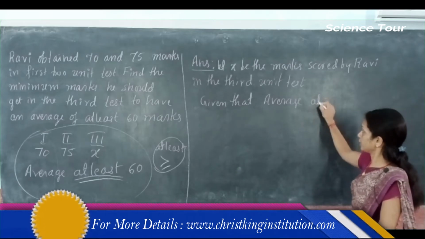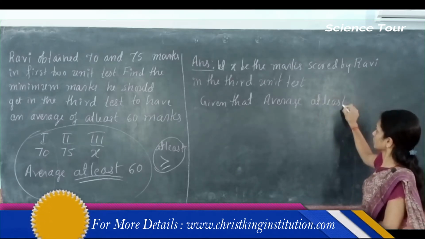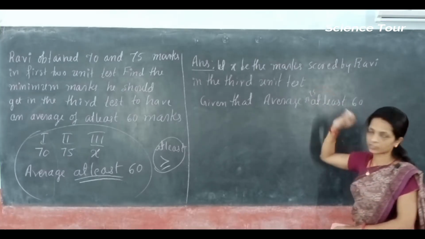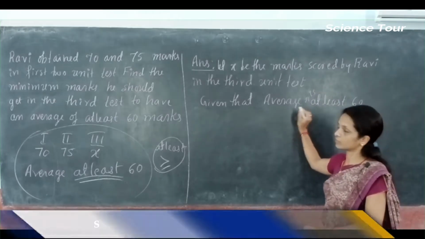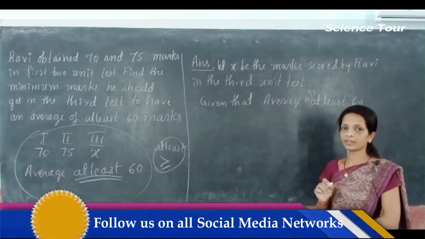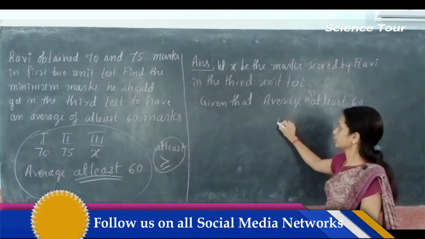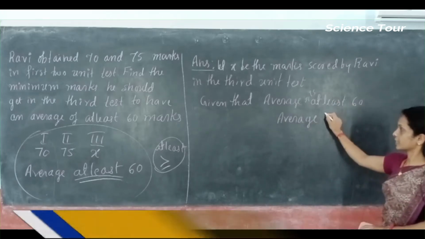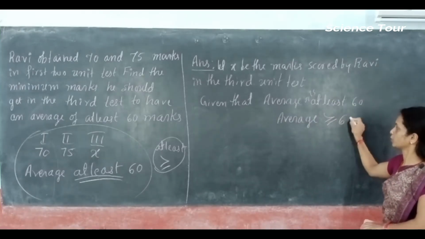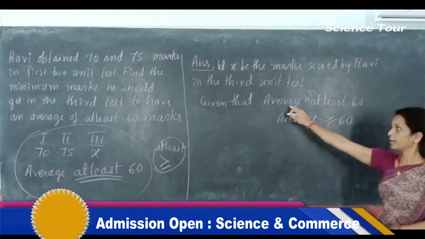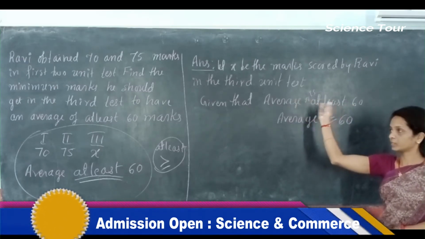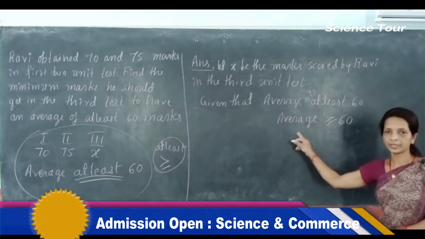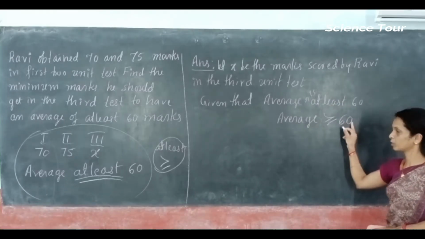Average is at least 60 means greater than or equal to 60. How we take the average, we do later; I'll write the mathematical form of this. So by looking at the sentence, average should be at least 60, you can form the inequality like this: average is greater than or equal to 60.